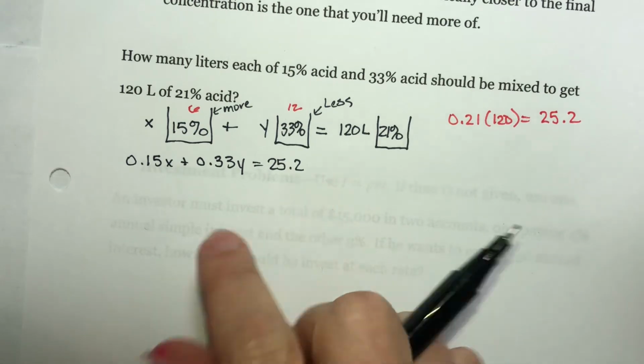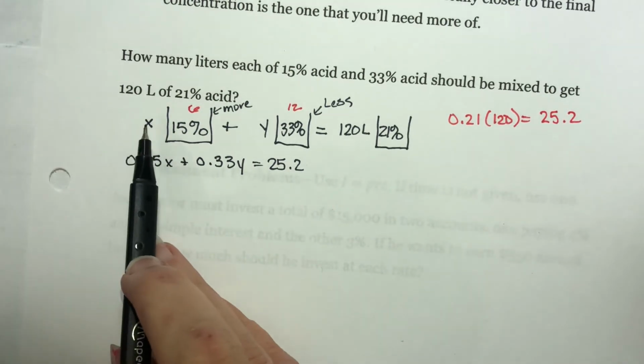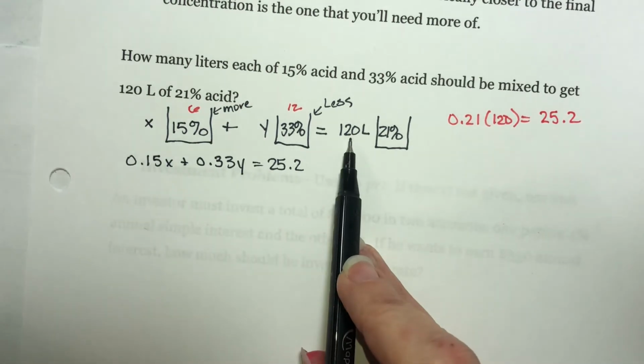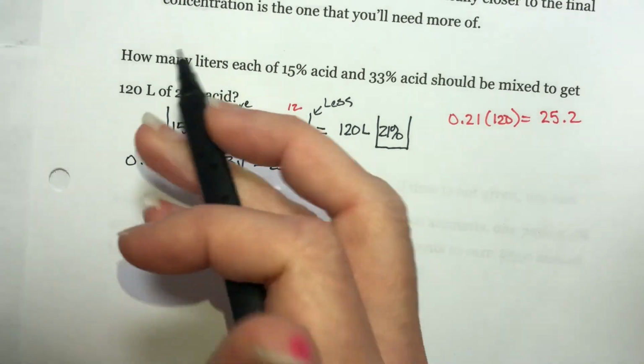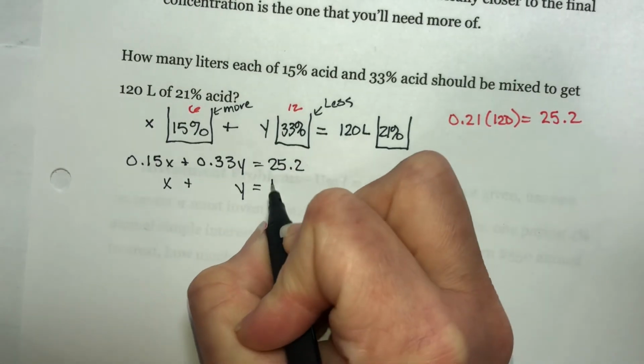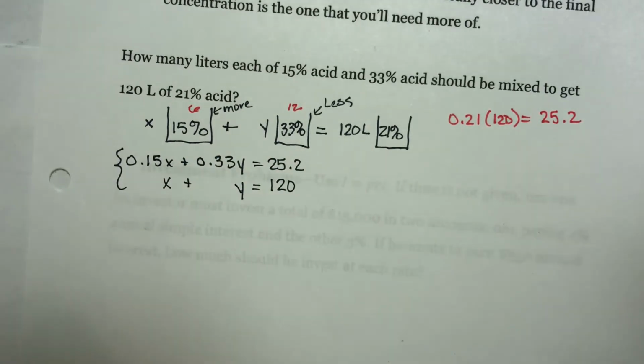The second equation is exactly how much fluid we're mixing together. If I take X liters and I pour in Y liters, I get 120 liters. So that means X plus Y has to equal 120. This is the system I need to solve.